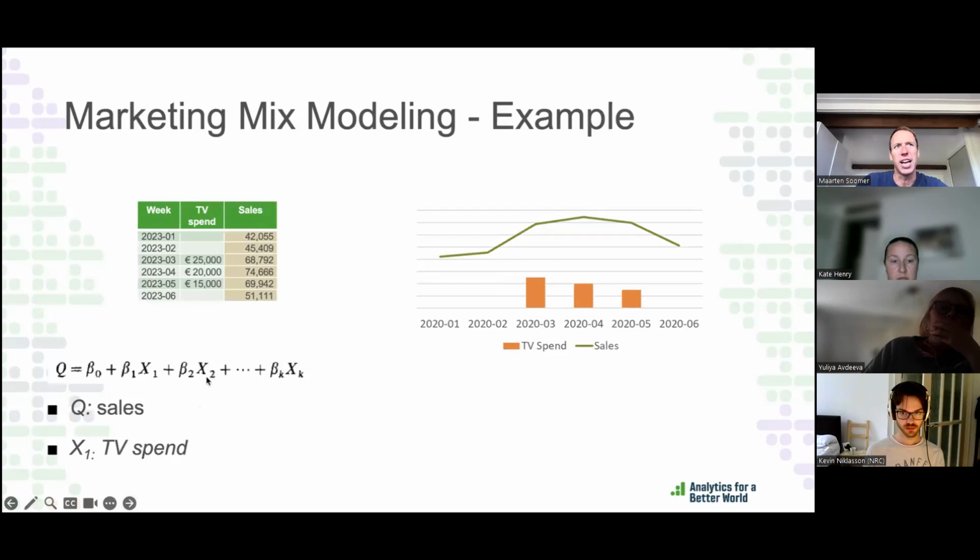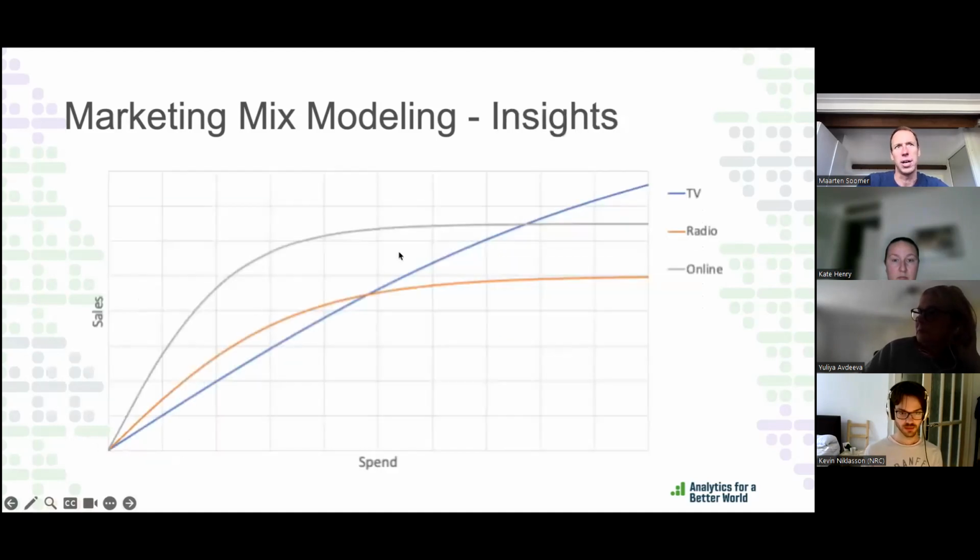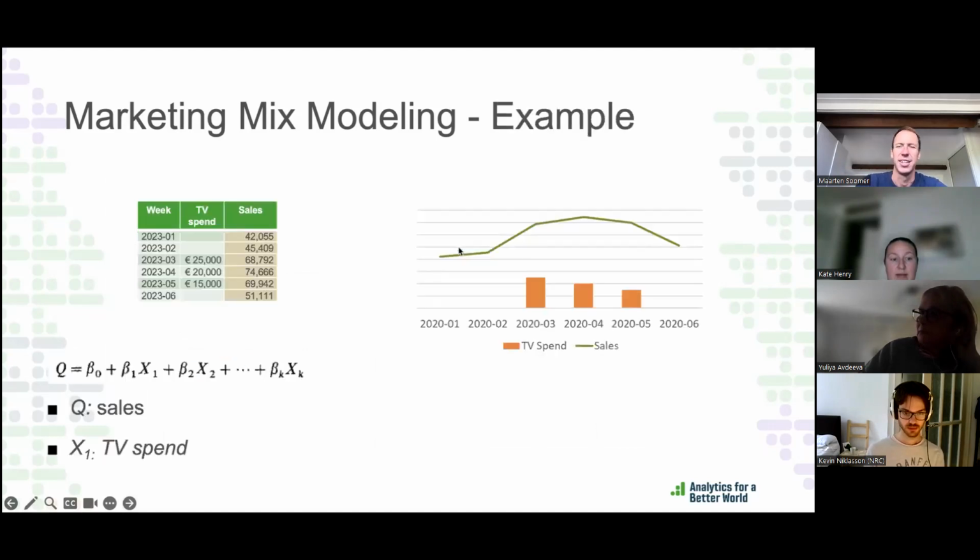So you wouldn't look directly at spend, but you would, for example, look at the natural logarithm of the spend. And using the natural logarithm of the spend would give you a chart looking like this with the diminishing returns. So it's a very, very good question. Great, thanks. That's all the questions for now. Great.